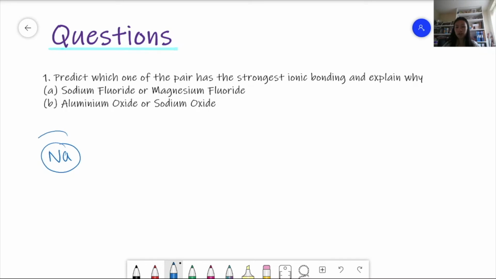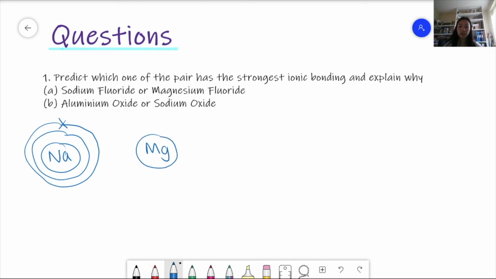So sodium has 3 shells, and the outer electron is in the third shell. And magnesium also has 3 shells, but it has 2 electrons in the outer shell.